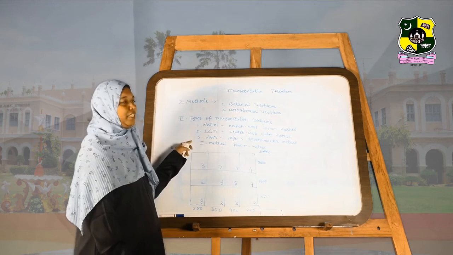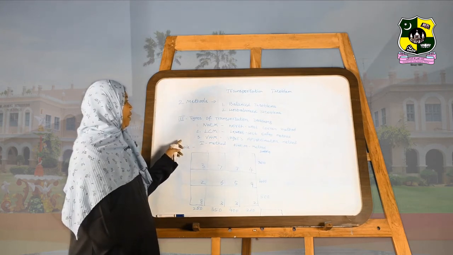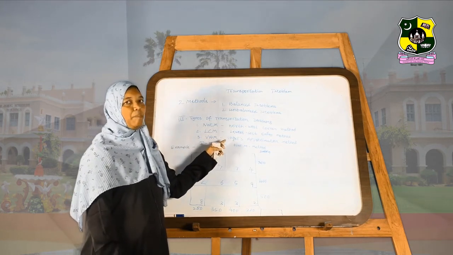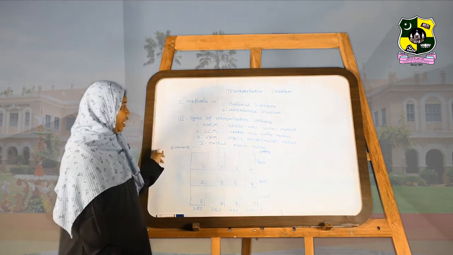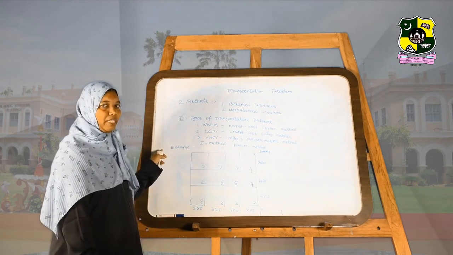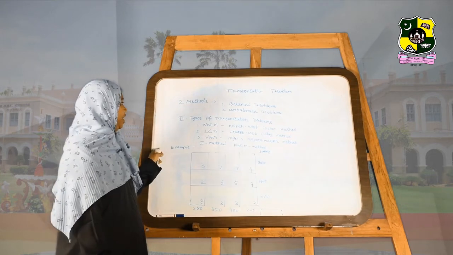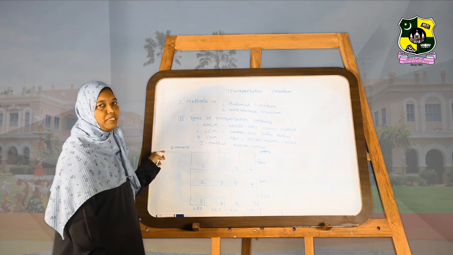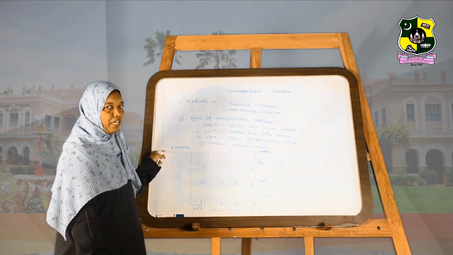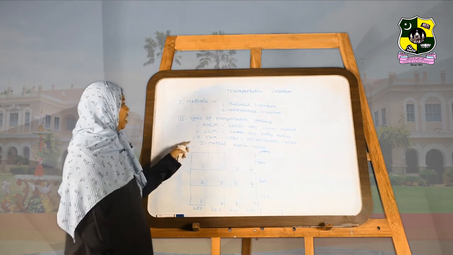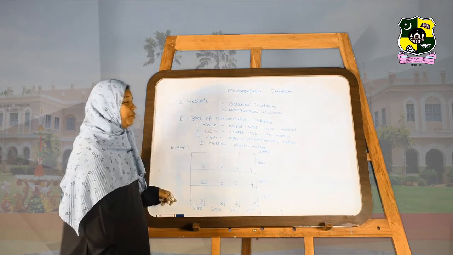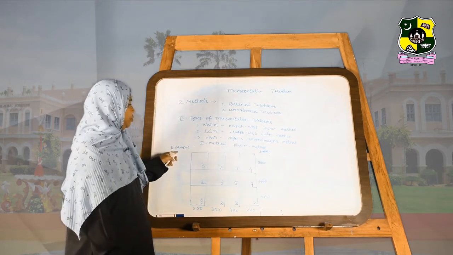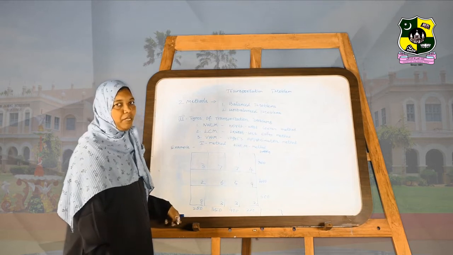The third is the VAM method, Vogel's approximation method. In this session, I explain the first method, the north-west corner method. This is an example sum to solve the transportation cost.